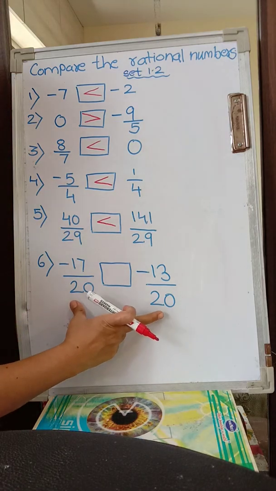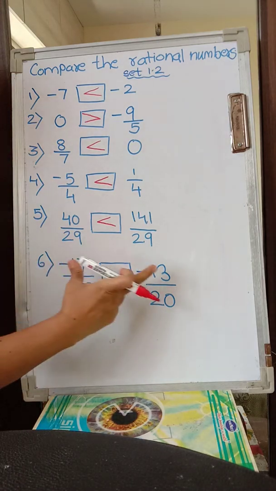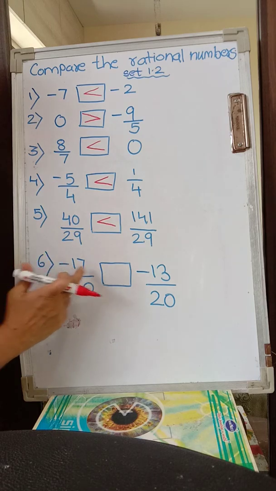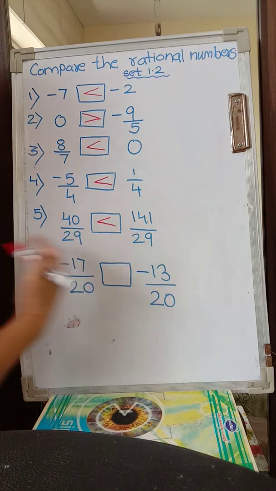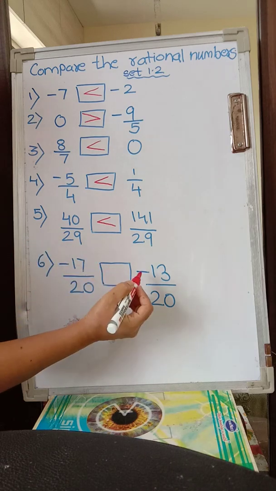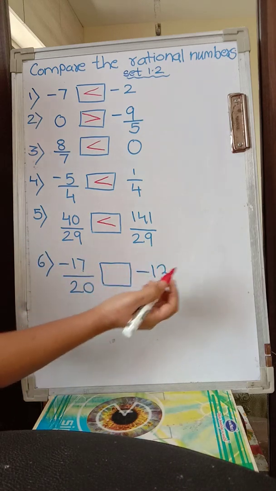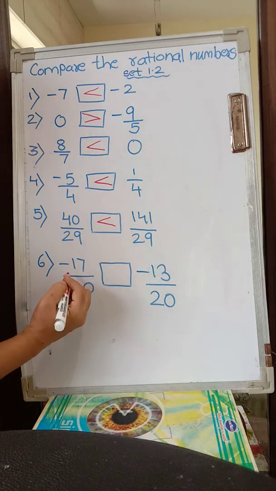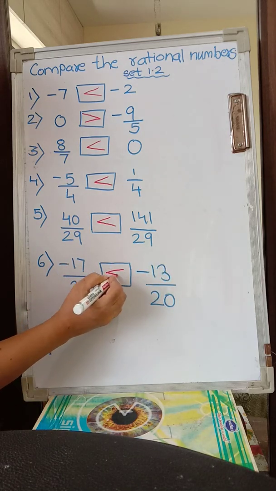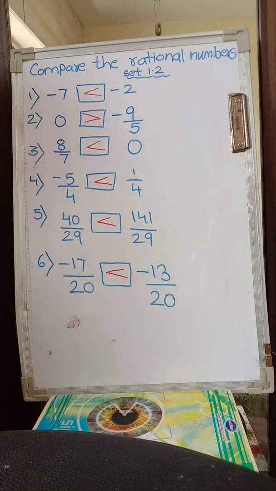Now here again denominators are the same, so we compare only numerators. -17, -13. -17 will be towards the left hand side of -13. So when it comes to negative signs, smaller numbers are greater. So in this sense, -13 is greater than -17. So you will have this sign over here. Isn't it easy? Let's see other examples now.